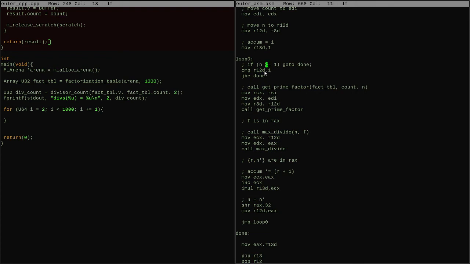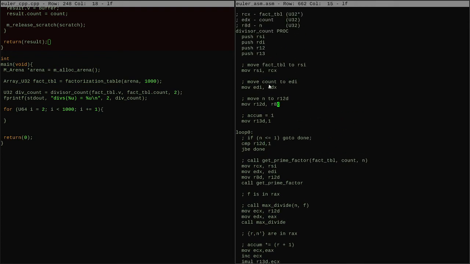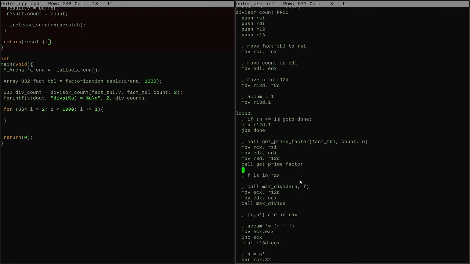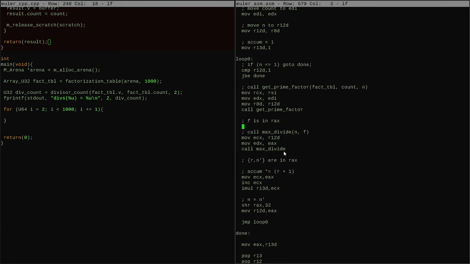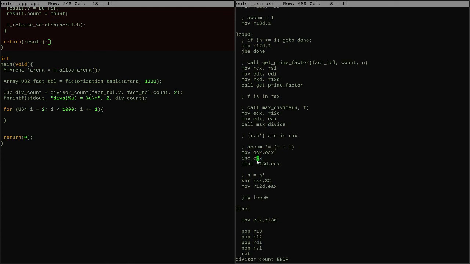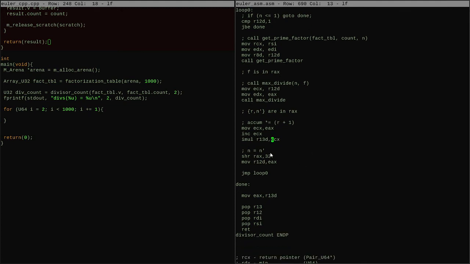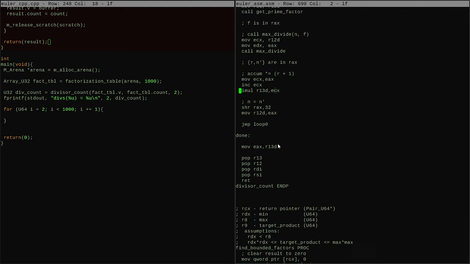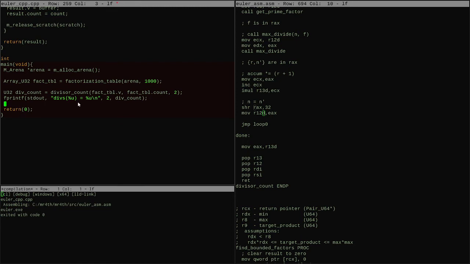So if it's a 1 or a 0 in R12D, move count to EDI. Yep, that's all the same. Max divide. Accumulator times equals R plus 1. Just to be sure, this is still fine, right? Yes, okay.